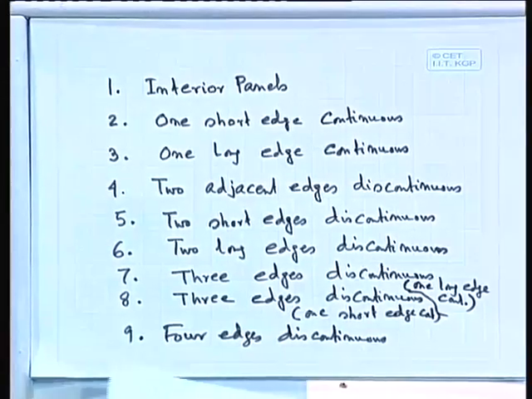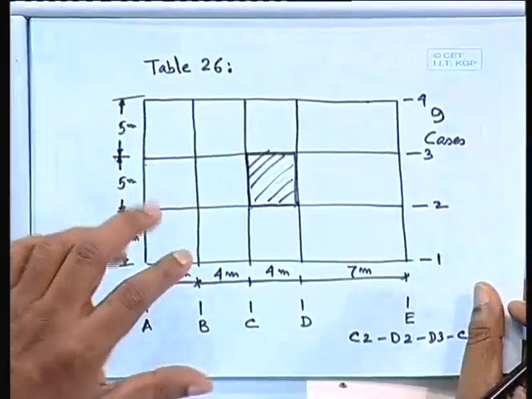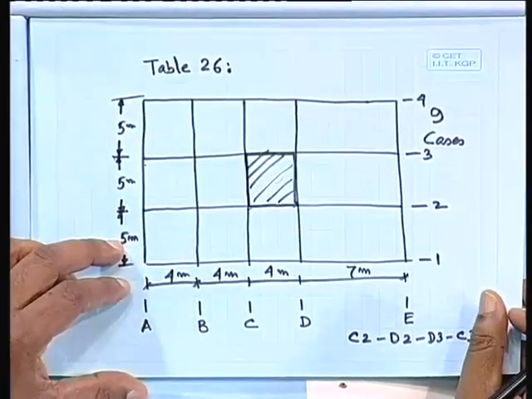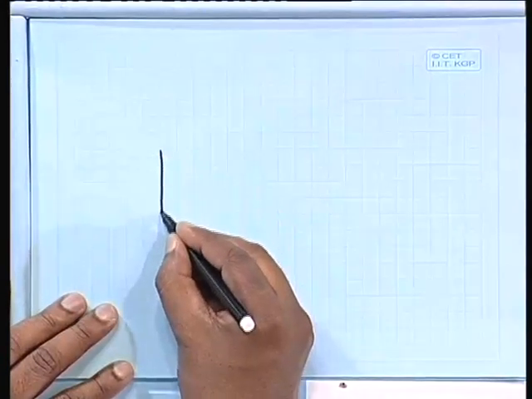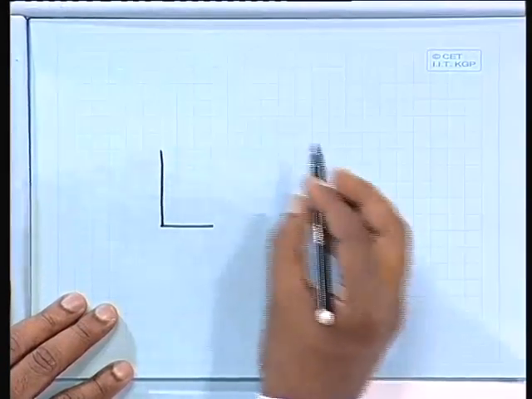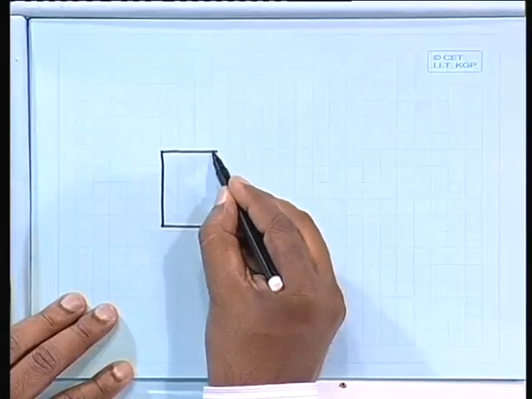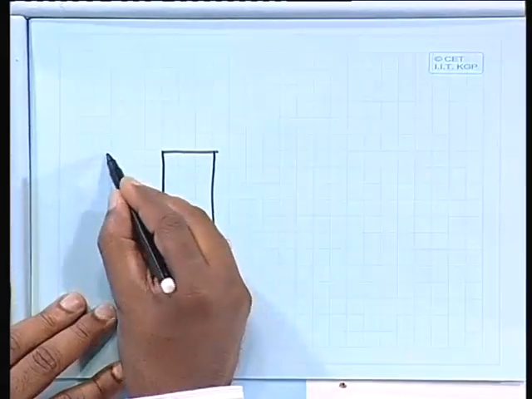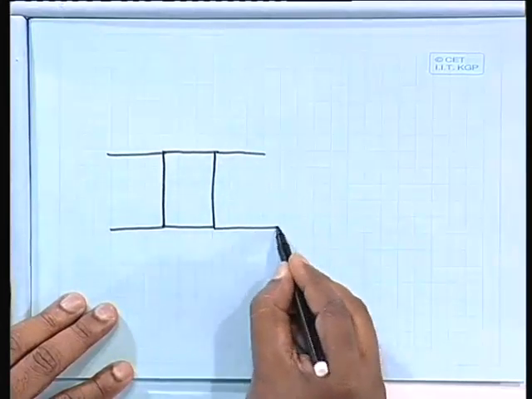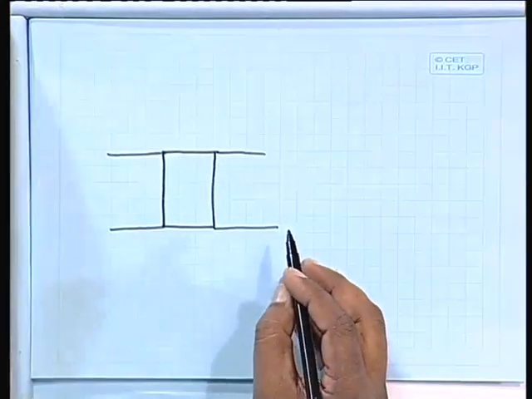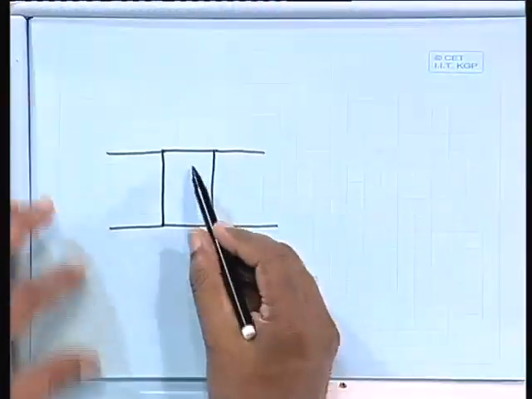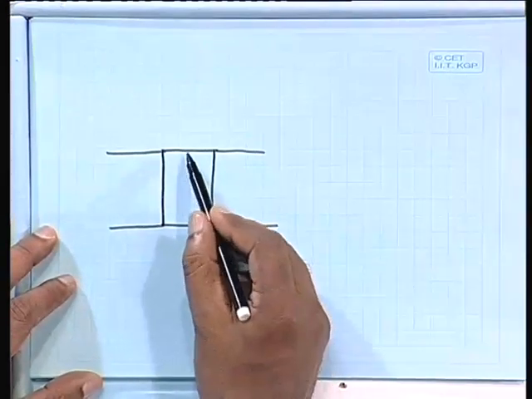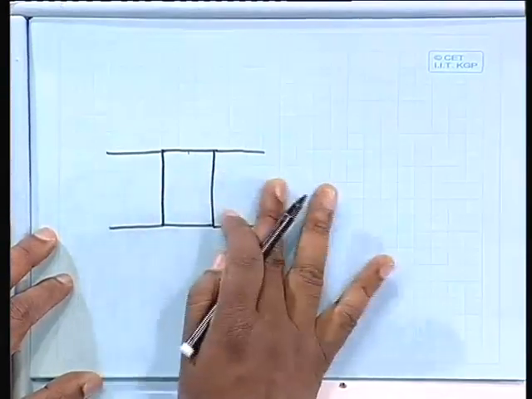Two short edges discontinuous, that case you will not get here. I can draw that figure another way. It can happen something like this. If this is the panel, the case of two short edges discontinuous means that this edge as well as this edge is discontinuous, and the longer edge is continuous.